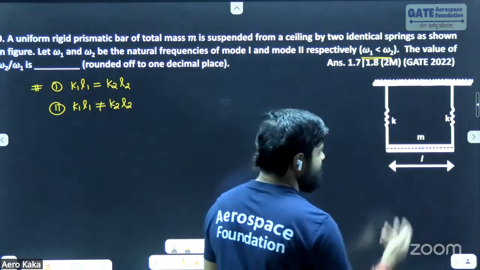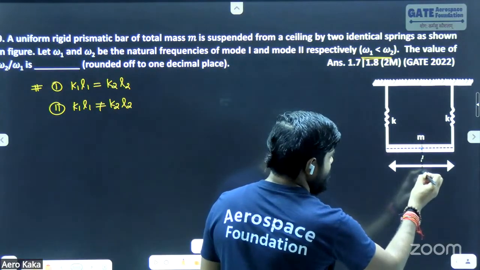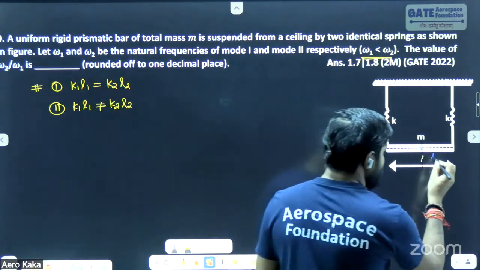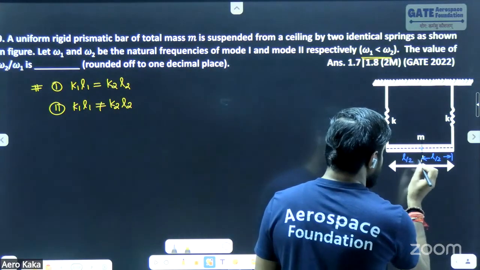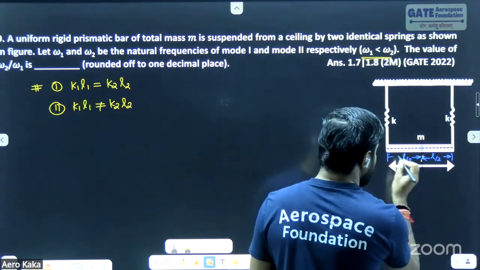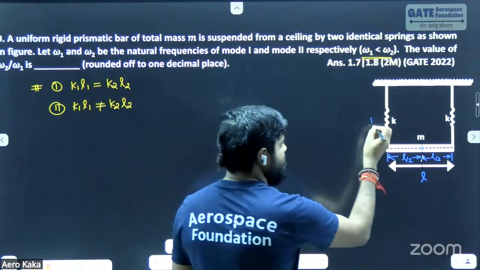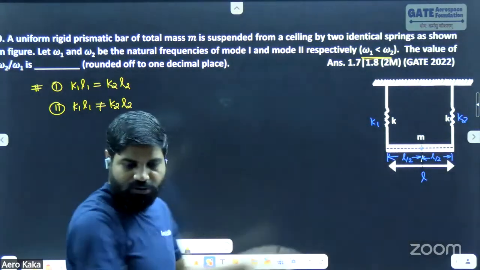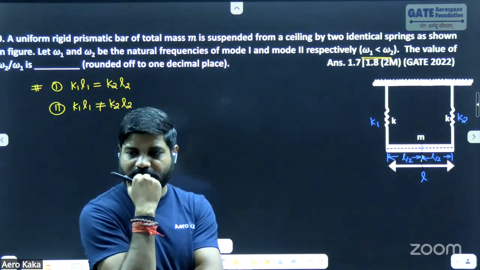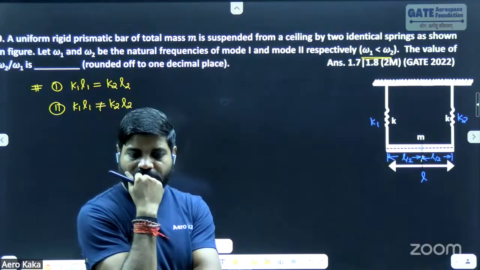If this total is L, this is going to be L by 2, and this is also going to be L by 2, and total is L. Here, consider this is K1 and this is K2. Is this blue color visible to you or not?